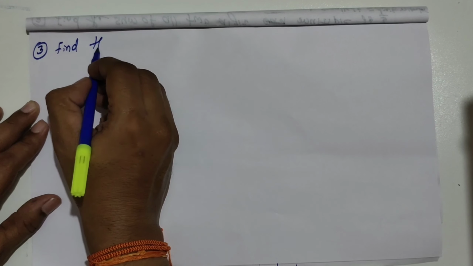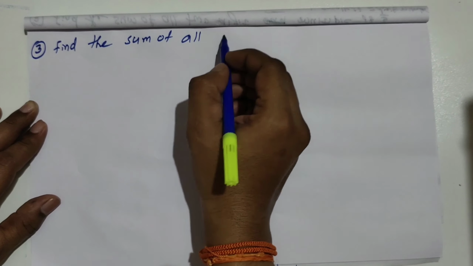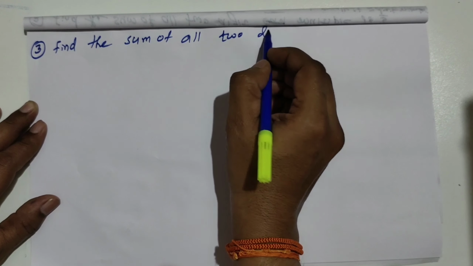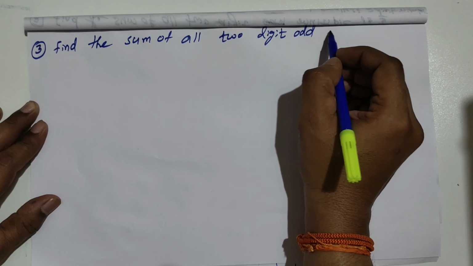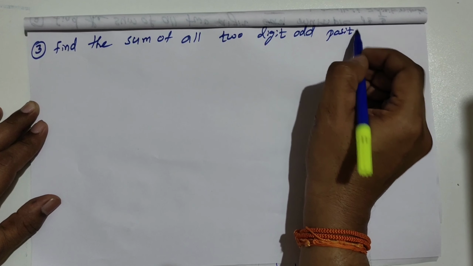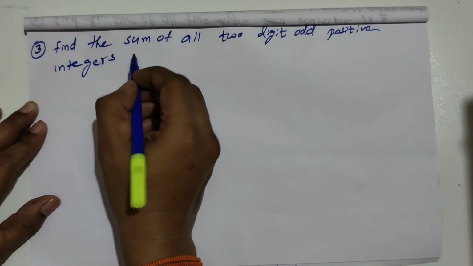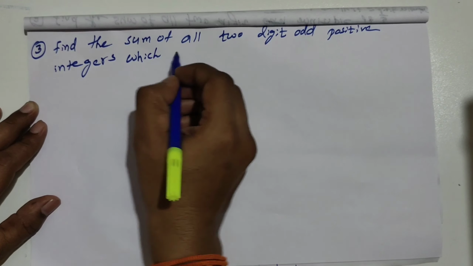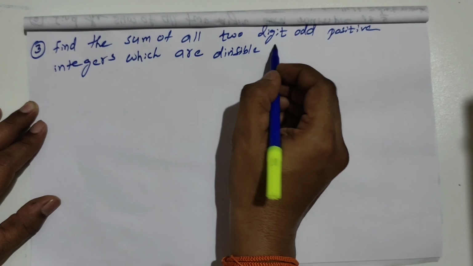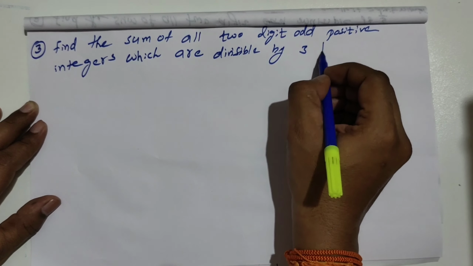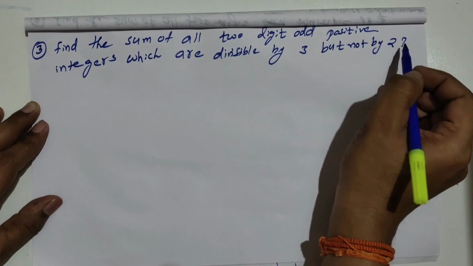Find the sum of all 2-digit odd positive integers which are divisible by 3 but not by 2. Very simple question, no?